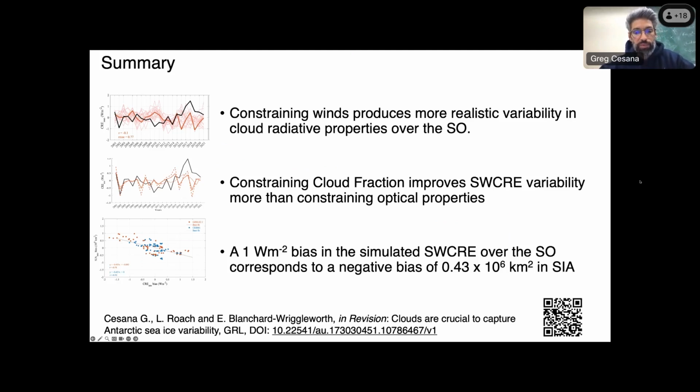Then we found that if we were to fix those shortwave biases in the model, that would affect the sea ice area. Just fixing a 1 watt per meter squared bias in the model would correspond to a negative bias of 500,000 square kilometers in sea ice area. And it seems like that would have a tremendous impact also in the CMIP6 models.